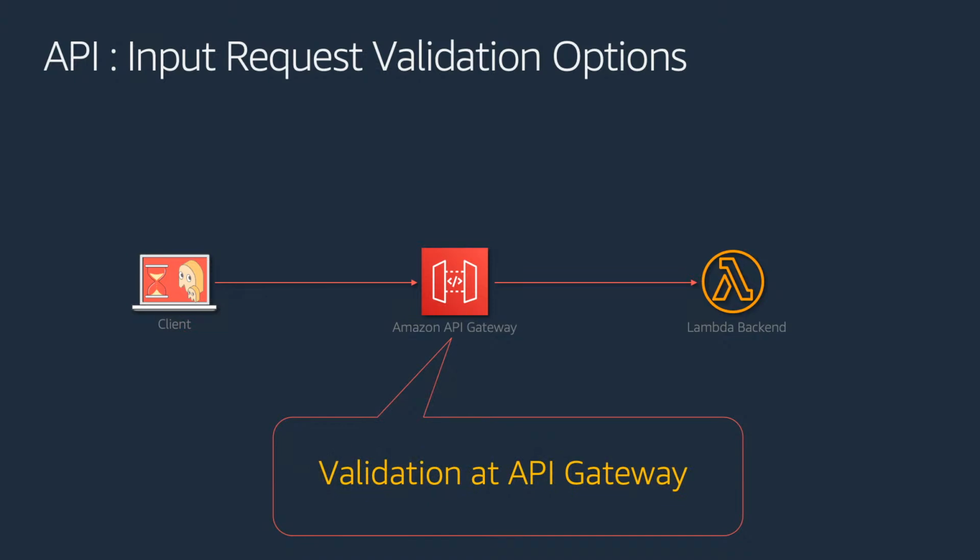So in this case, you can do validation at API gateway, and we will later see how to go ahead and do that. But this is also not enough. Before you go ahead and store or process your input, you need to validate them at your backend, because your API gateway will not be able to have the complete business logic of validating whether the username is duplicate, or whether the username is, for example, ASCII characters, but is it a real human name?